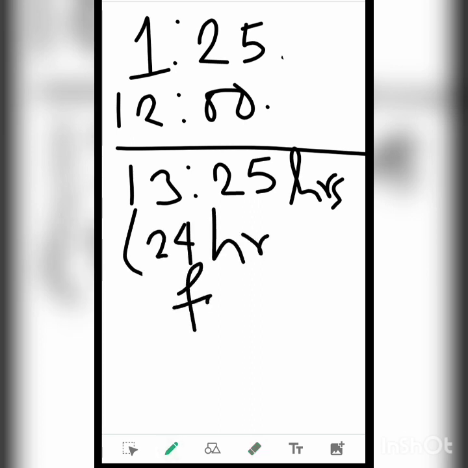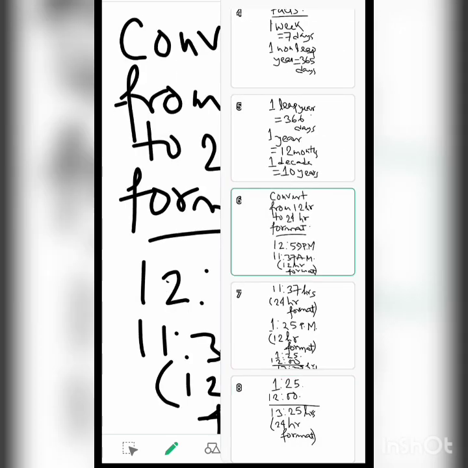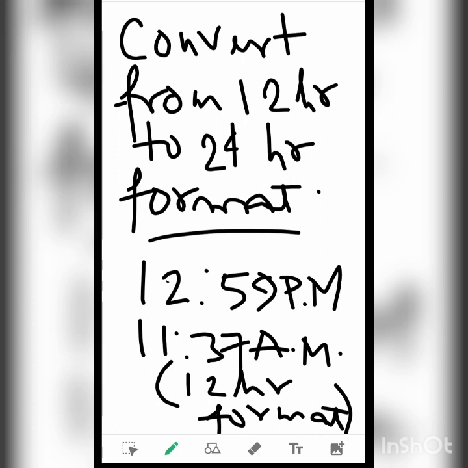So I think if there is any confusion, it is clear to you that if you try to change any time from 12-hour to 24-hour format, you have to follow this process. Let us recapitulate once again: whenever we are converting, if 12:59 p.m. is elapsed or crossed, then we have to add 12:00 to it.